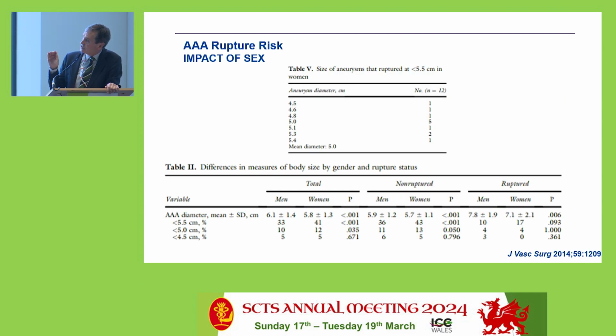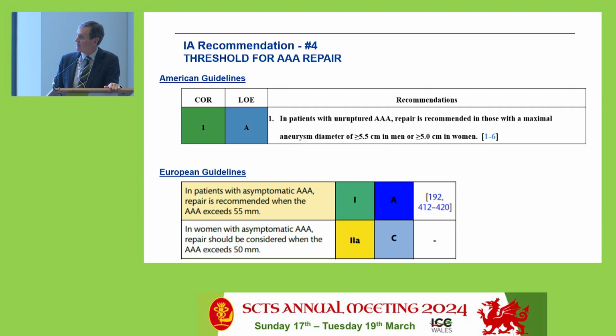Now, if you look at the patients who ruptured, these are the women who ruptured that were below 5.5 in the follow-up study. If you move the target to 5, you will eliminate 9 out of those 12, so 75% of the women would not have a rupture, although they would all have had to have surgery, with a risk of 7.6 for open. That might be balancing out the risk and the benefits.